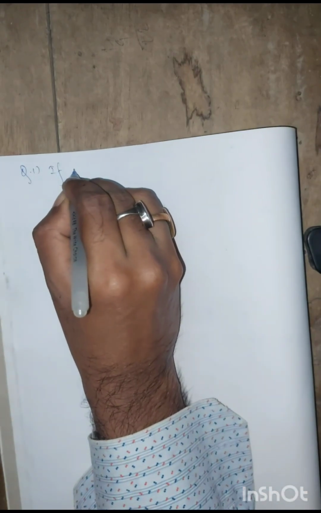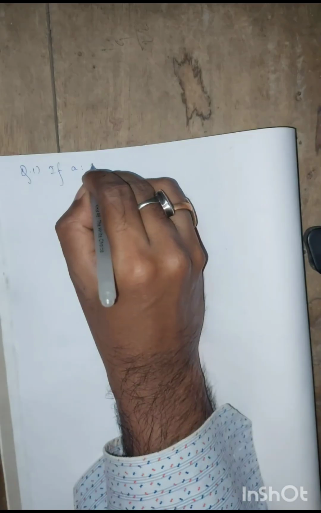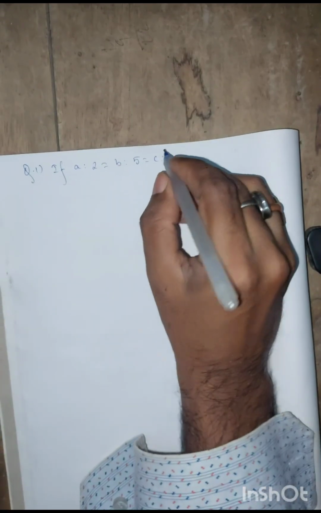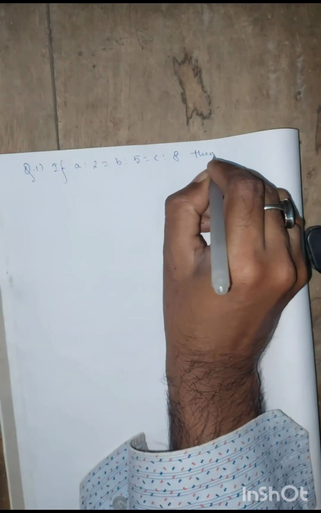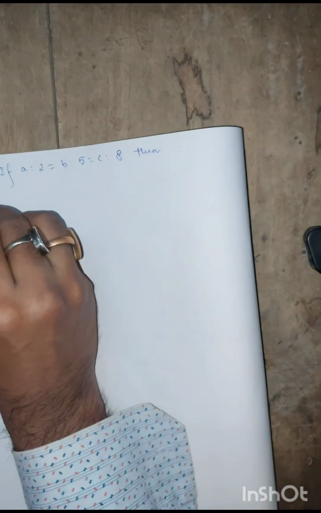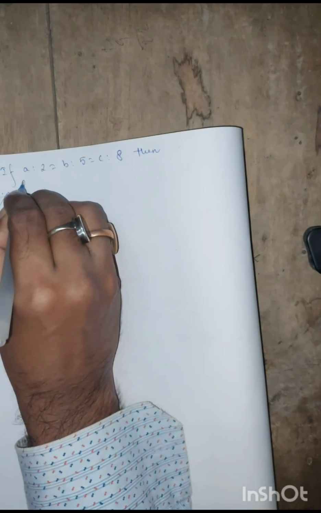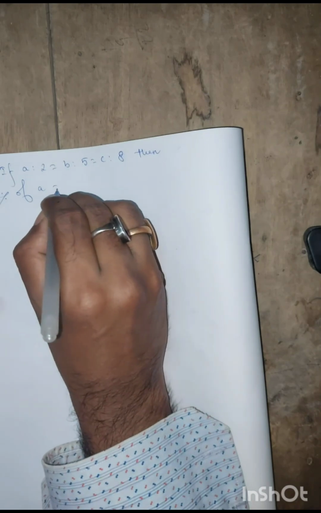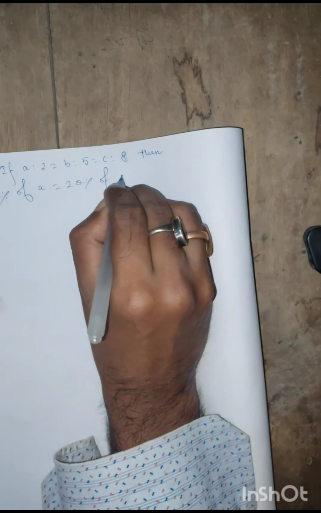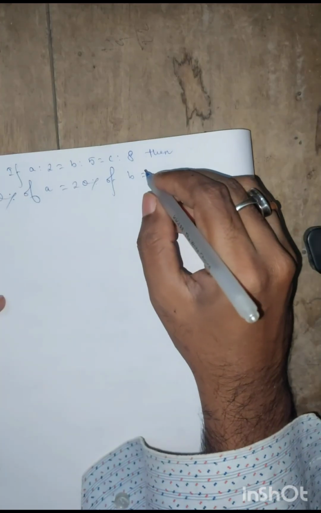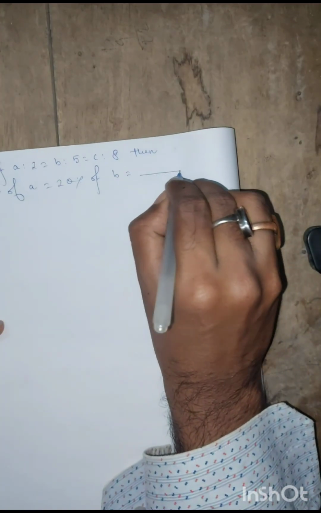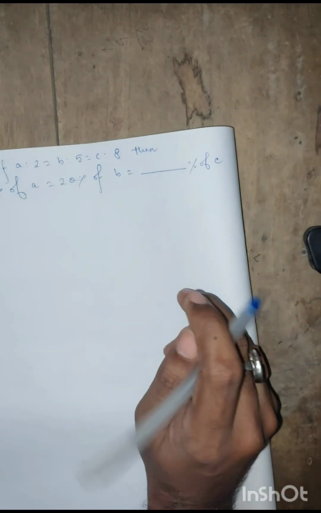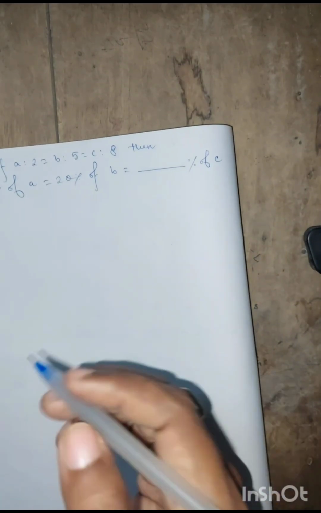If A is to 2 is equal to B is to 5 is equal to C is to 8, then 50% of A is equal to 20% of B is equal to dash percent of C. So we need to find out this.